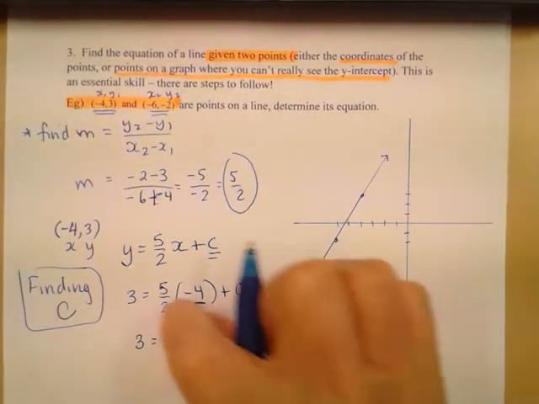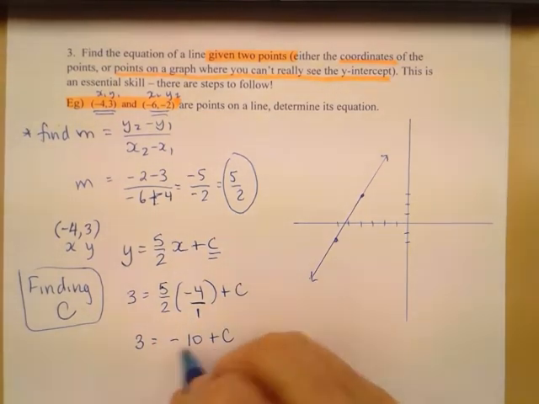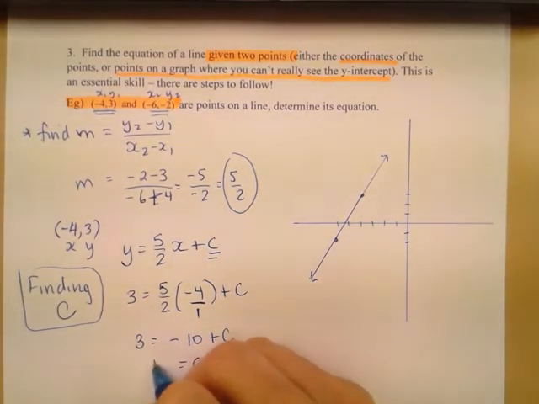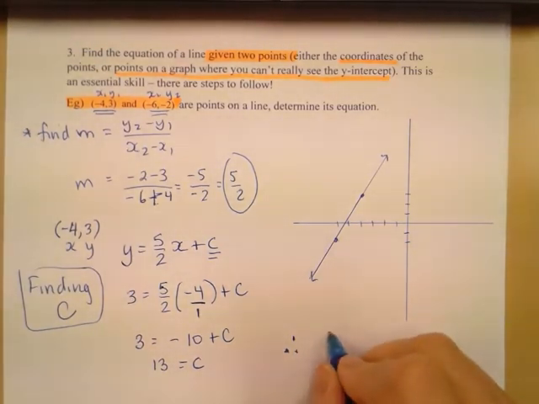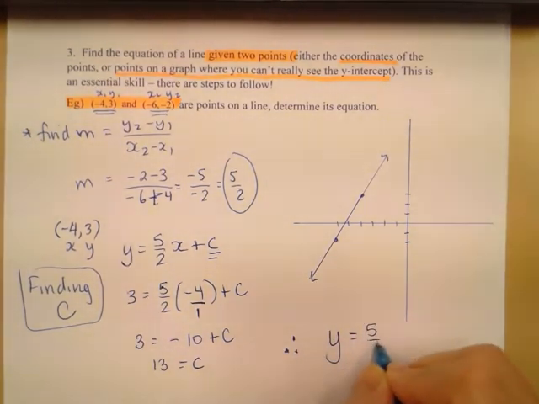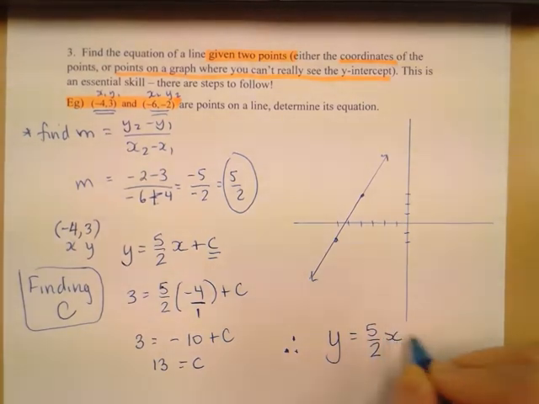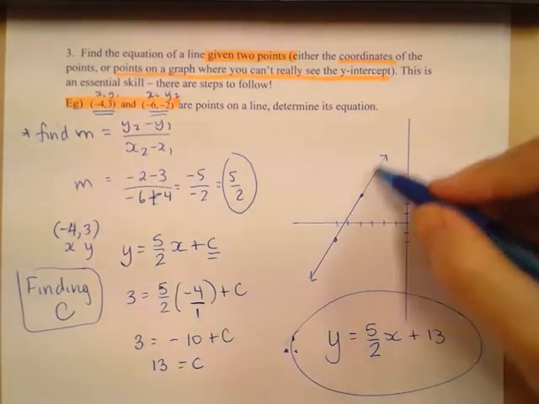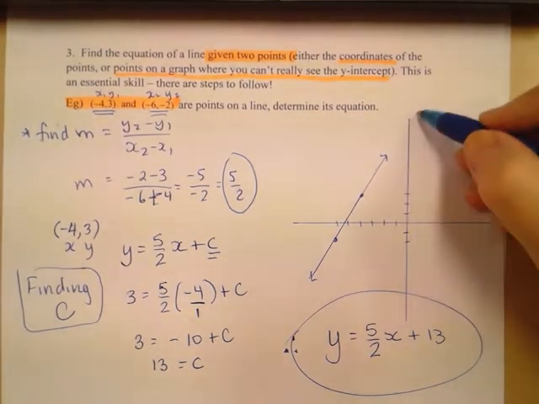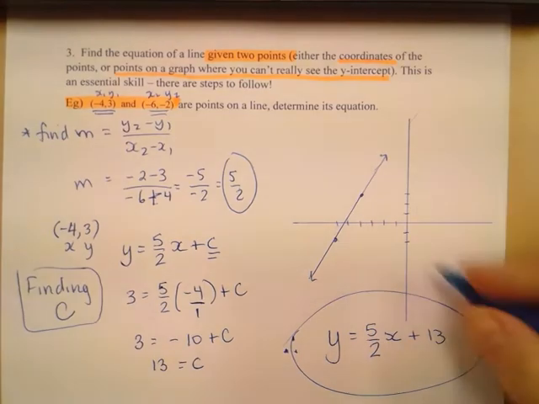Negative 20 over 2 is negative 10, and then I add 10 to both sides to get 13, and now I'm ready. And I say, therefore, the equation of the line is y equals 5 on 2 times x, off to the side, not underneath with the 2, plus 13. That's it. Kind of looks like it might go all the way up to 13 hitting up there. So it seems a reasonable thing.